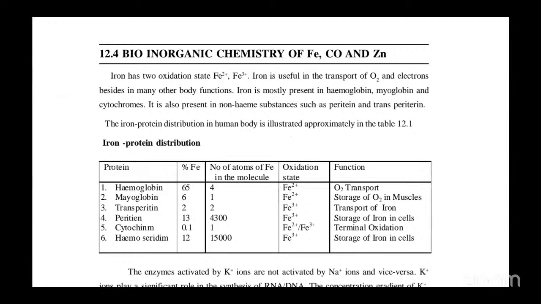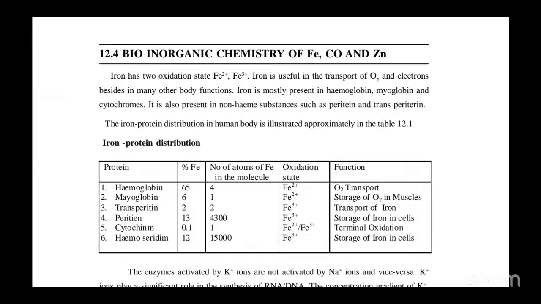First we'll see the bioinorganic chemistry of iron, cobalt, and zinc. Hemoglobin is a protein where iron is present at 65%. The number of iron atoms in the molecule is 4, the oxidation state is Fe plus 2, and the function is oxygen transport.